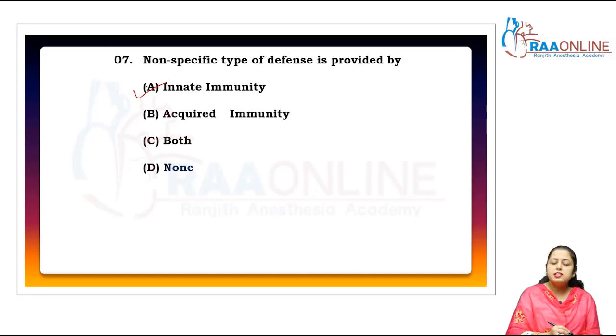Acquired immunity is according to the requirement. Suppose some causative organism is new for us, and our body comes in contact with that microorganism for the first time, right? We don't know about the power of that particular organism, and we don't have antibodies against it in our body. So what will happen?